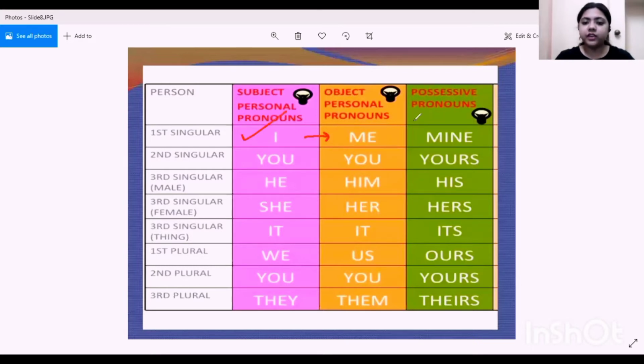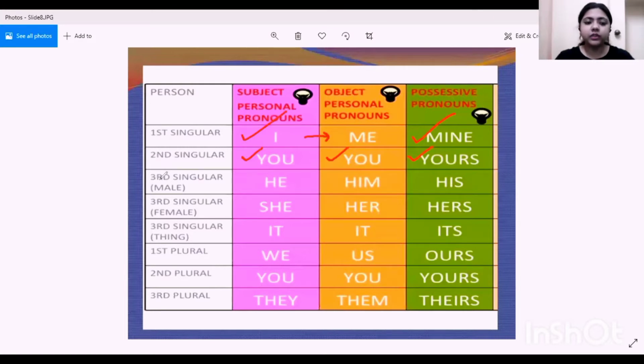Right? And when we have to use a possessive pronoun for first person, which is singular in number, then we use mine. All right. Then moving on to the second person, which is singular, you. For singular and plural in second person, we use you only. Okay. So you, object is also you, but for possessive pronouns we use yours.